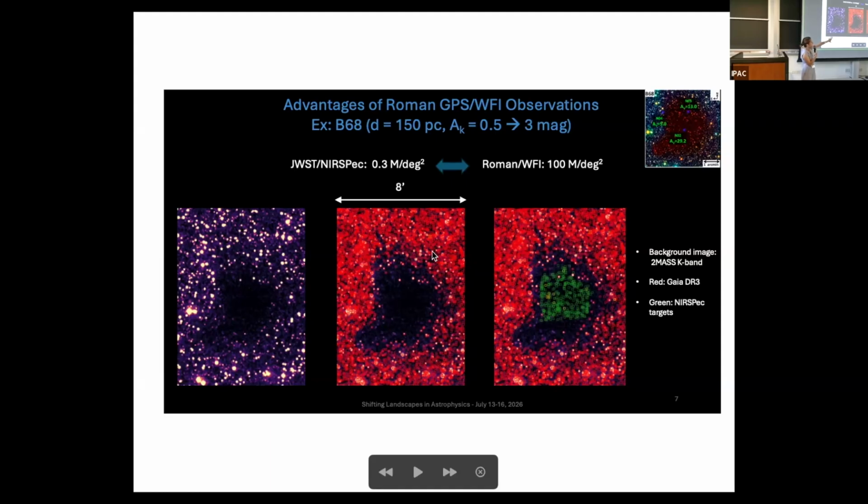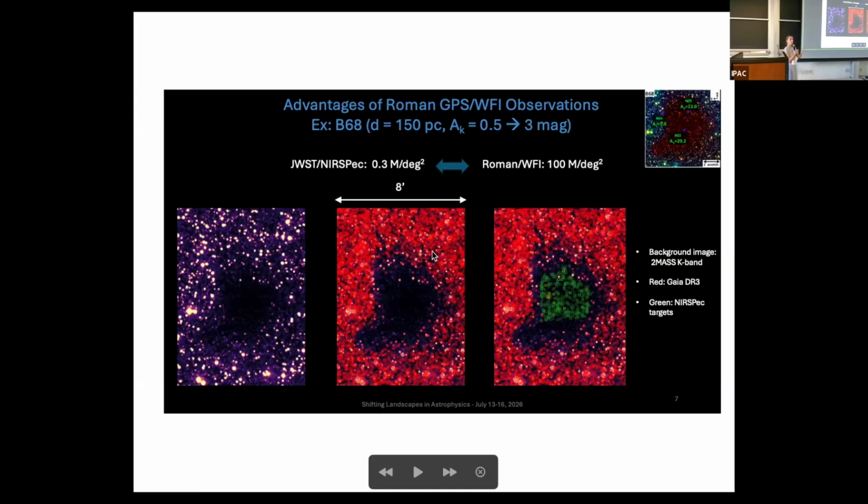The last image shows the targets of my NIRSpec program that I'm preparing for cycle 4, which is going to be executed in a couple of weeks. Those are 400 sources, with the green ones to be observed with NIRSpec, and there is a cut at 21 magnitude.